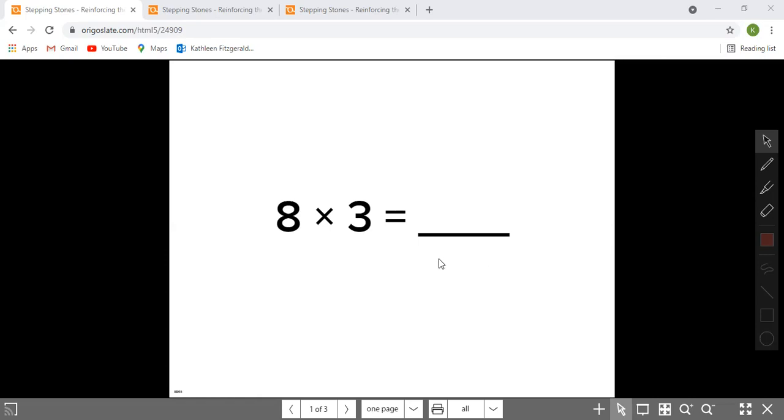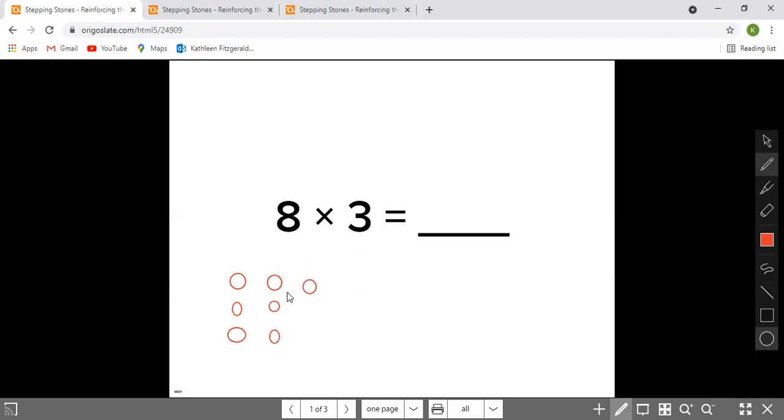So we're starting off with our multiplication facts, and we can do that, as we know, from a number line where we're doing groups of 3 until we have 8 groups, or we could do it using our arrays, where we've got 3 rows and then we've got 8 columns.